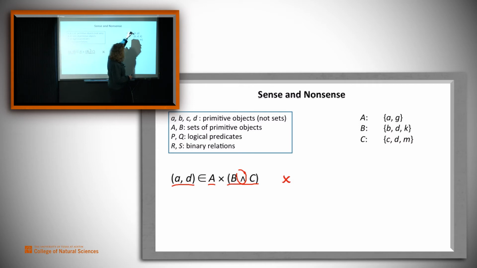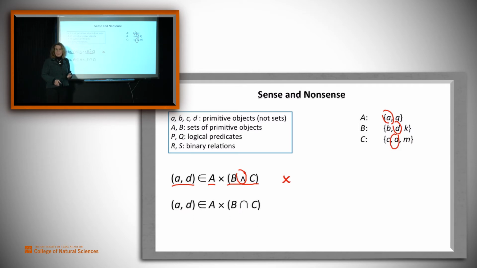A is in A, and D is in fact in both B and C. So maybe that was the claim that we intended. Well, how could we say that? That makes sense. Now we've said it correctly. This pair is an element of A cross an actual set that we form by intersecting B and C. All right? So we can intersect sets, we can't AND them.